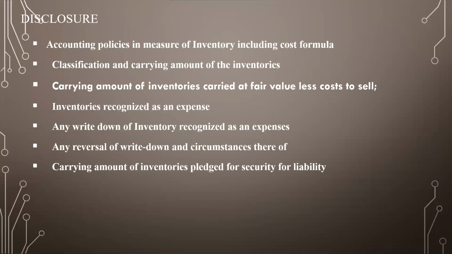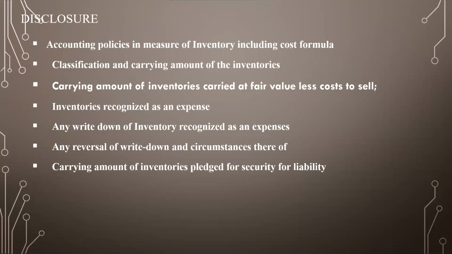Now, coming to the last part of this standard, which is the disclosure, which is very, very critical. We discussed the accounting policies, the measurement of inventory, including the cost formula the company is opting for. That has to be defined there. The classification of inventory is required, whether it is finished goods, work in progress, semi-finished goods or raw material. That has to be given there. Obviously, the carrying amount has to be given.